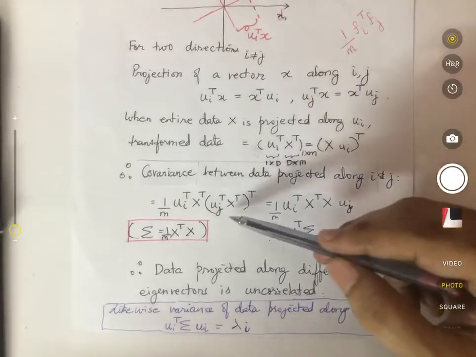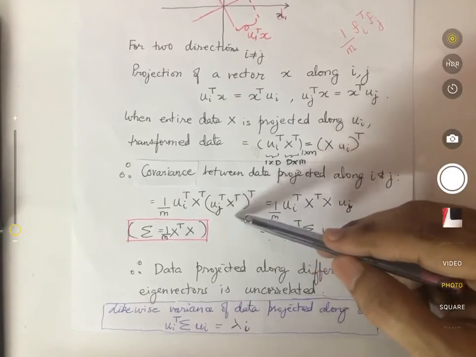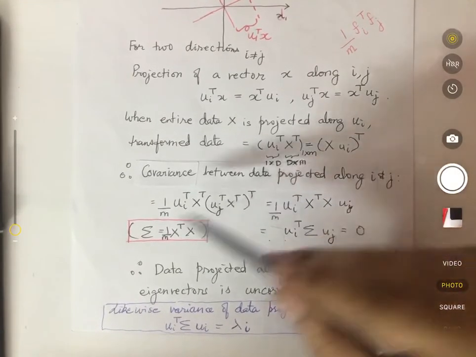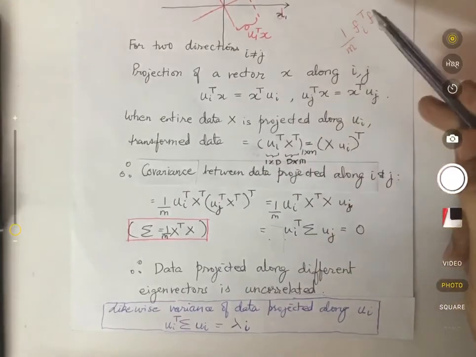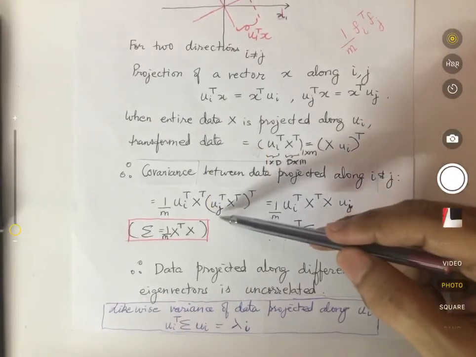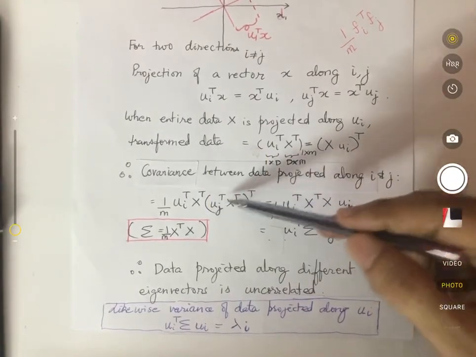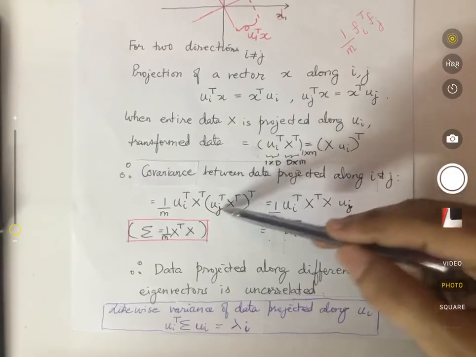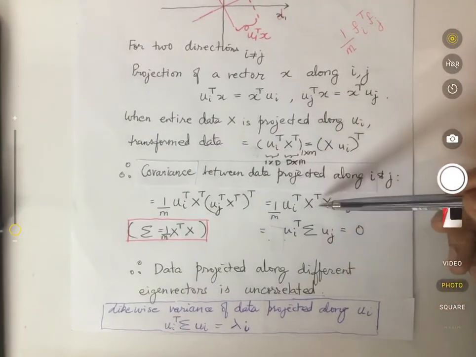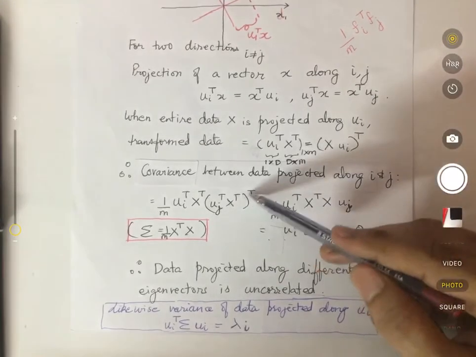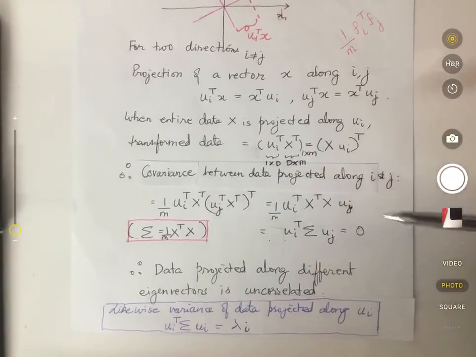Now you need to take your projections along j, and you need a column vector, so you take the transpose, and 1 by m. It's exactly of that form. When you do that, and use the result for the transpose of a product of two matrices, AB transpose equals B transpose A transpose, when you take the transpose of this, you get x uj.